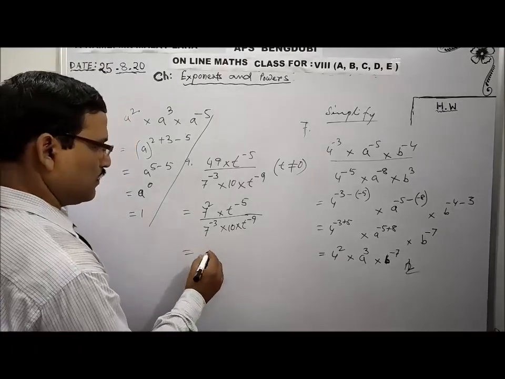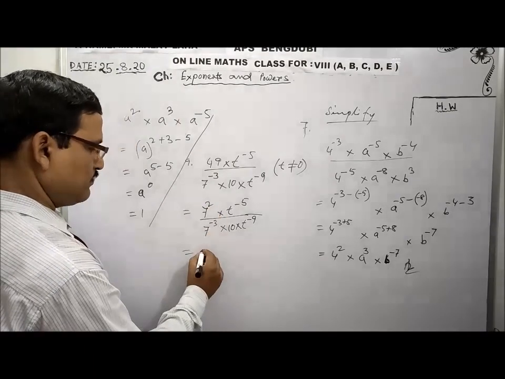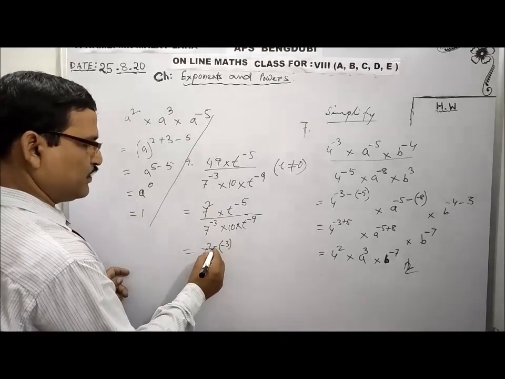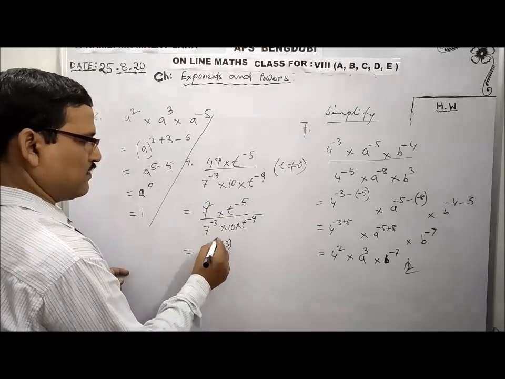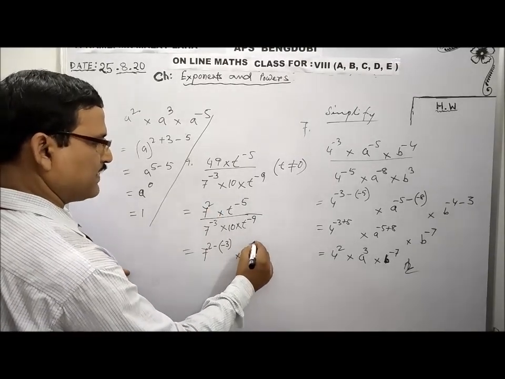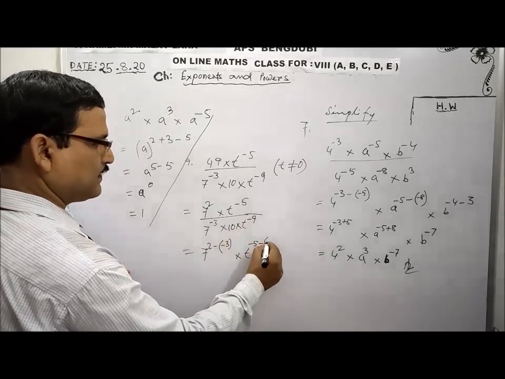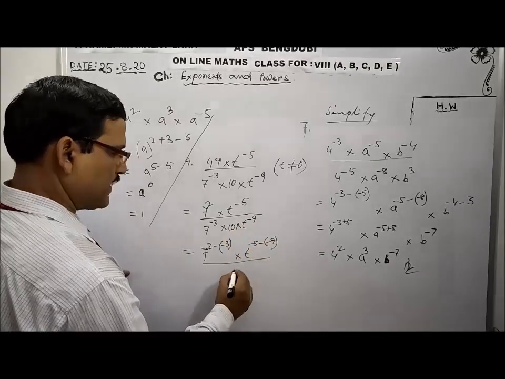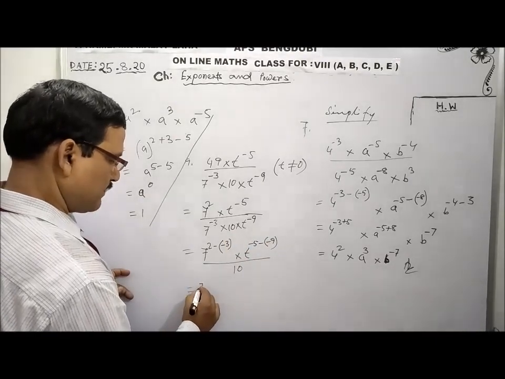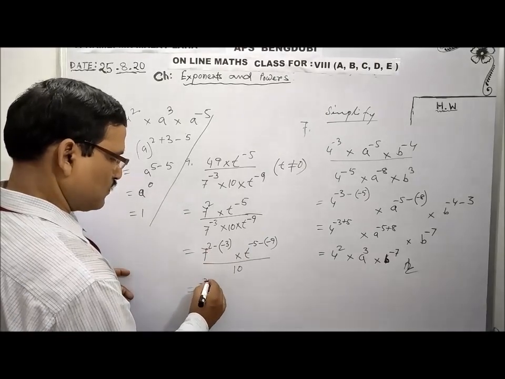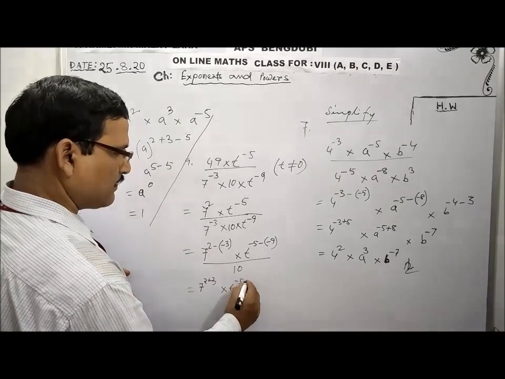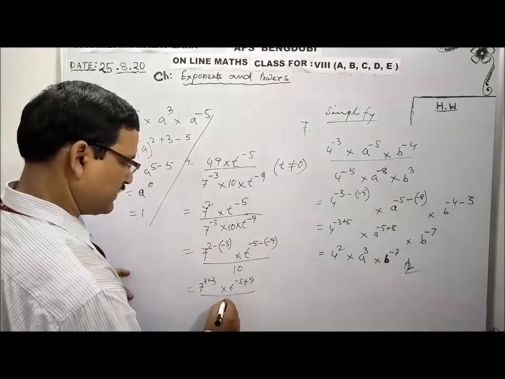Okay. Now, so these two are in a division form. 7 raised to 2 minus 3. This minus is for division, and this is the power of this number, into t raised to minus 5, but here minus 9 overall by 10. Nothing is there, only 10 you have to write down. So 7 raised to 2 plus 3 into t raised to minus 5 plus 9 overall by 10.